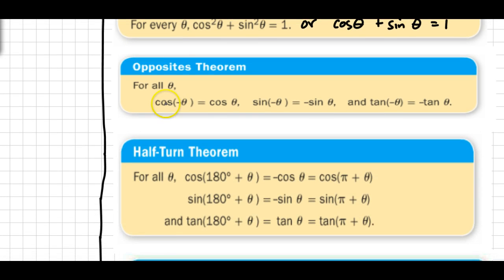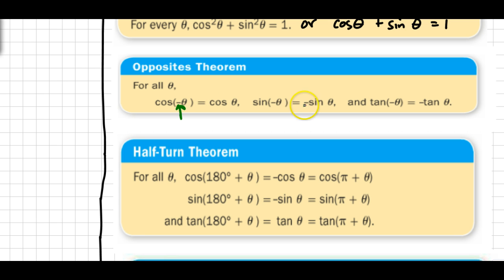For the opposites theorem here, I just want to point out the fact that there are two different types of negatives that are occurring in these problems and moving forward on all the rest of the properties as well. Here we're talking about negative rotations. We're talking about moving around the circle counterclockwise.